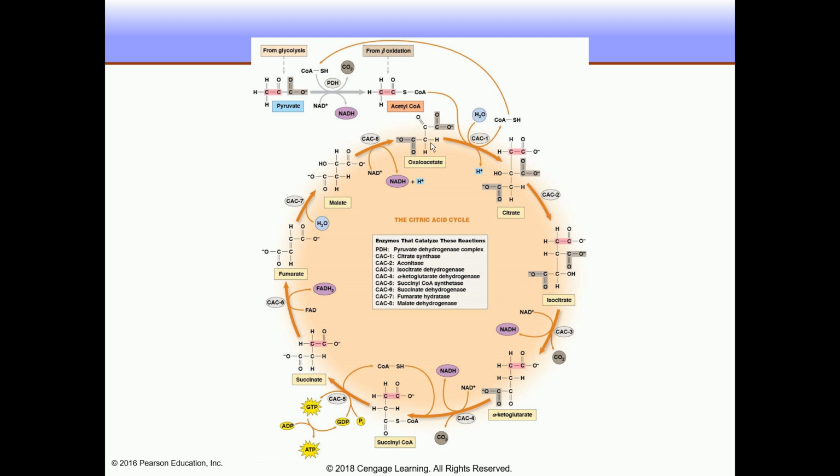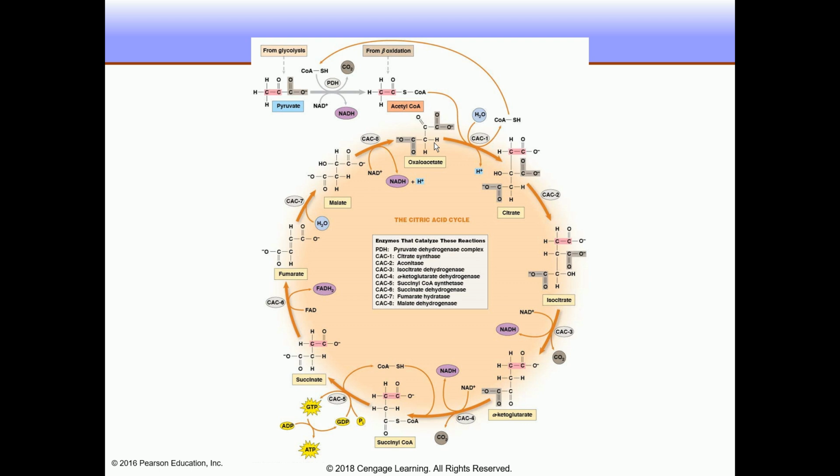Another important thing to know from this is what is the outcome of one Krebs cycle. The outcome of one Krebs cycle is 1 molecule of ATP, 3 molecules of NADH, and 1 molecule of FADH2.